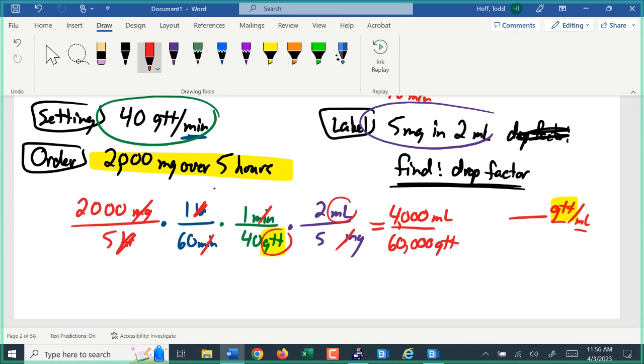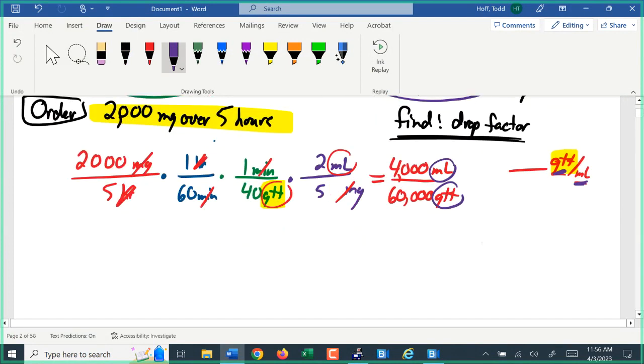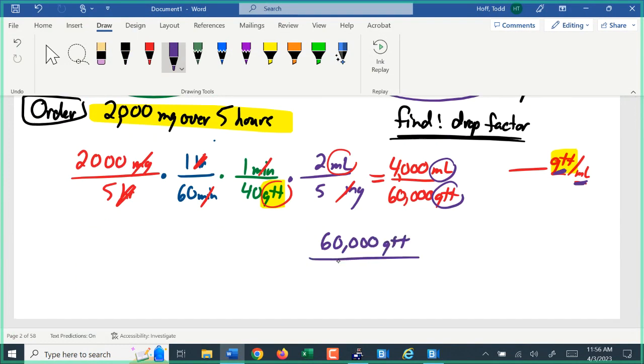Now, like I said, before we reduce this, we see that we have milliliters on top and drops on bottom. And we want the opposite. We want the drops on top and milliliters on bottom. So we're going to flip that and take the reciprocal. So we'll put the 60,000 drops on top and the 4,000 milliliters on bottom.